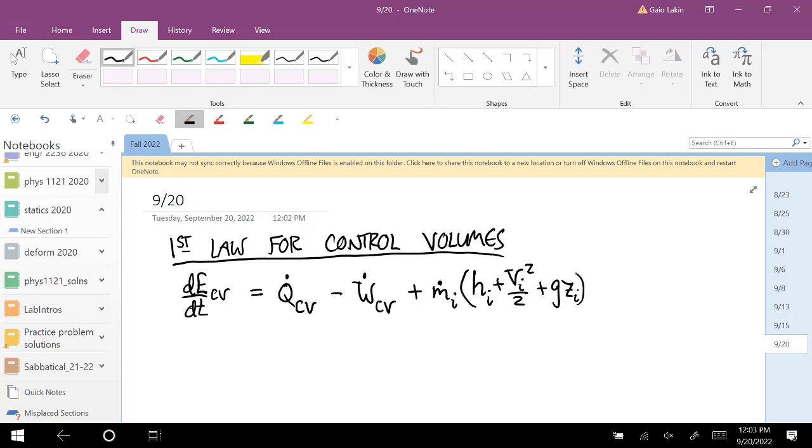So that takes care of the energy that's flowing in at the inlet, and then subtract the energy flowing out at the exit. So me dot times the quantity, all this same stuff for the exit.